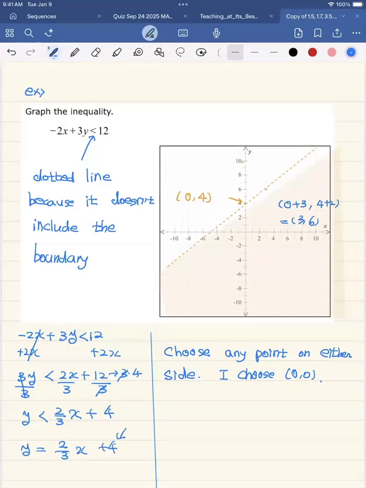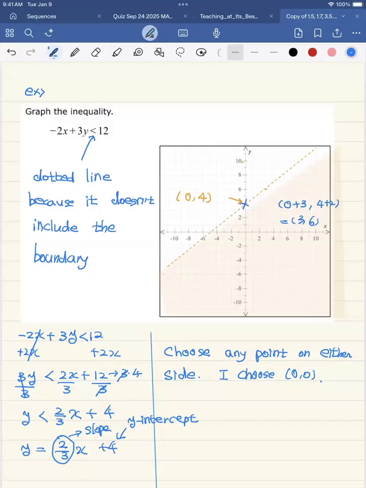This is the y-intercept. And 2/3 is the slope. The y-intercept is 4, so I mark it 4 here.